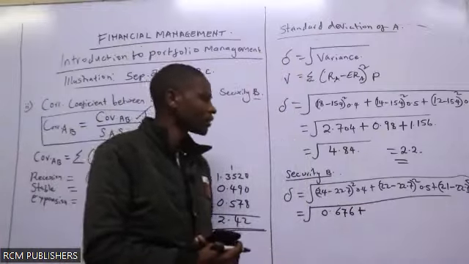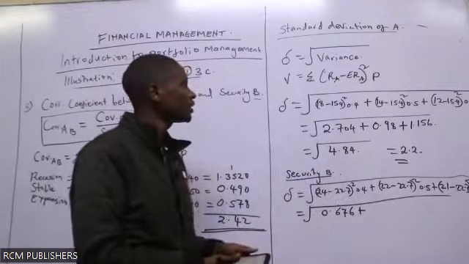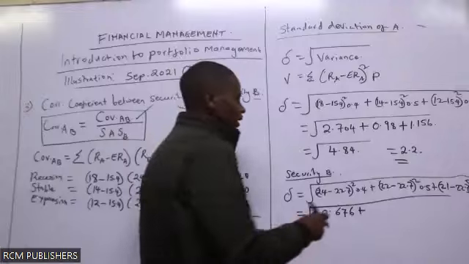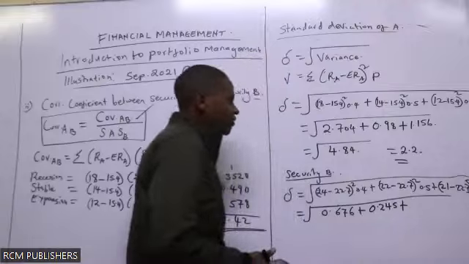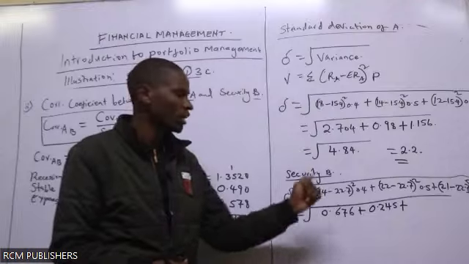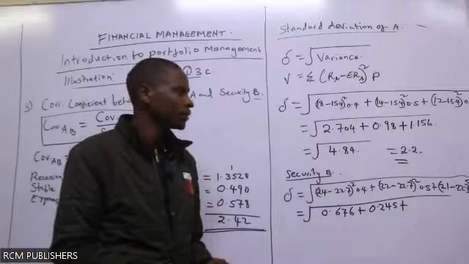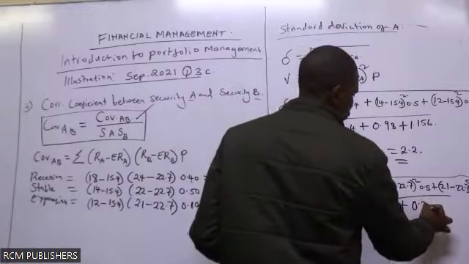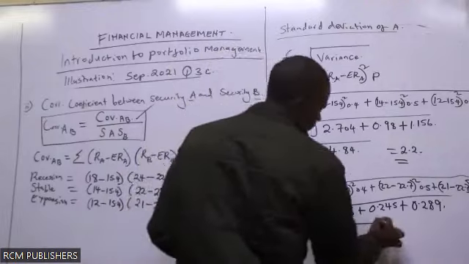The second one, how much is it? Most people forget to square. Once you hear variance, square. 0.245. Then we have the last one, 21 minus the mean, 0.289. Three decimal places are fine. Then we look for the square root of what?